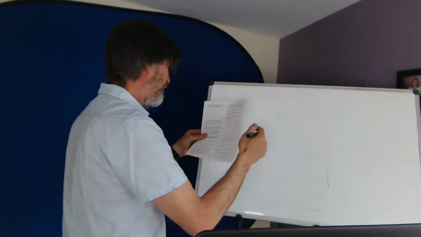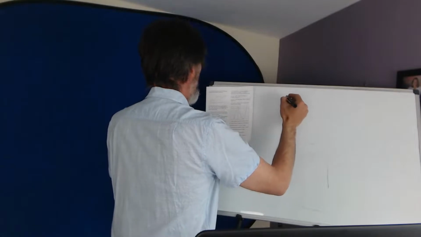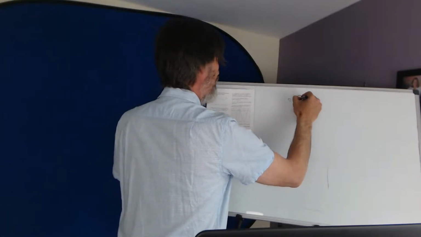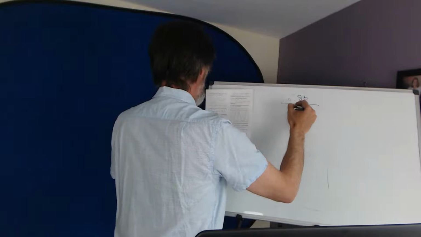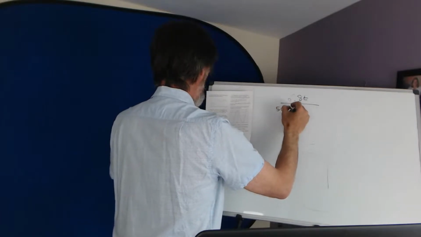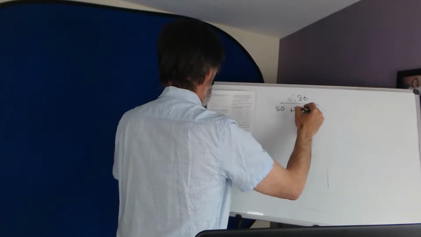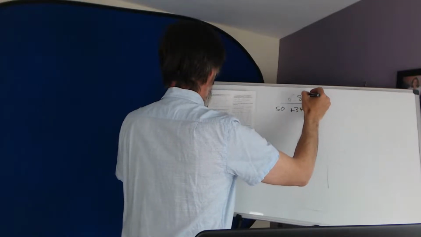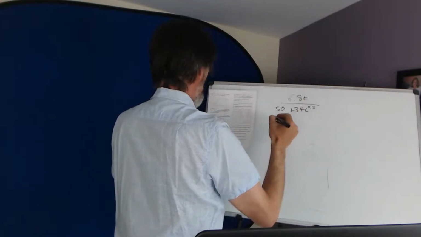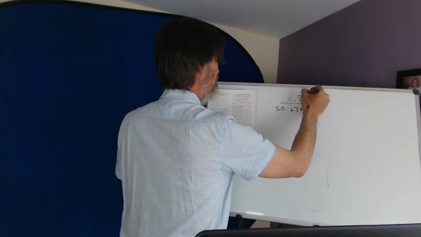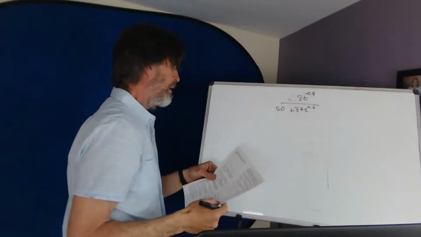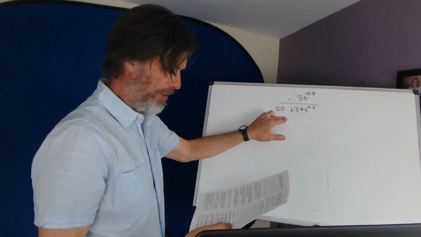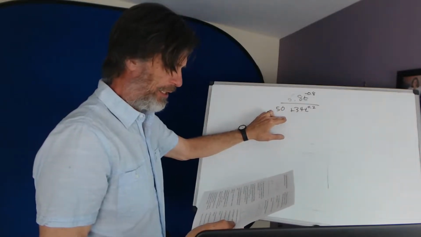So the derivative would be 6.8t to the negative 0.8 divided by 50 plus 34t to the 0.2.